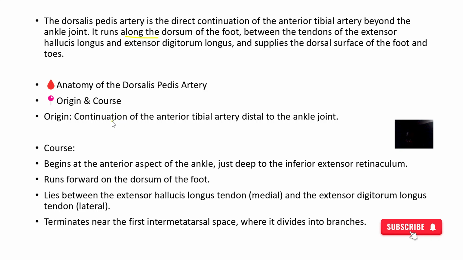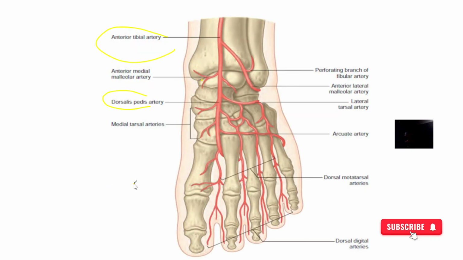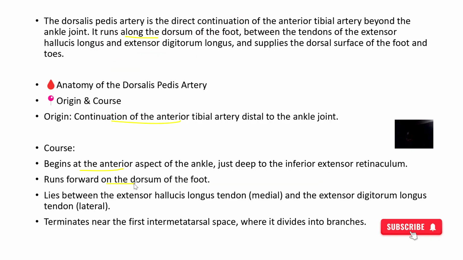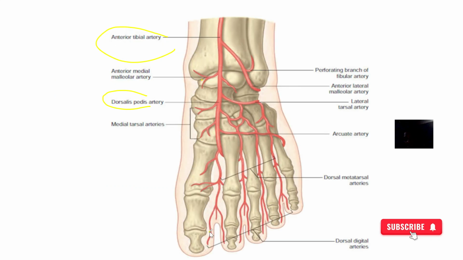So it's a continuation of the anterior tibial artery distal to the ankle joint. It begins at the anterior aspect of the ankle, just deep to the inferior extensor retinaculum. So it runs on the back of the foot, lying between the extensor hallucis longus tendon and the extensor digitorum longus tendon, and it terminates near the first intermetatarsal space.